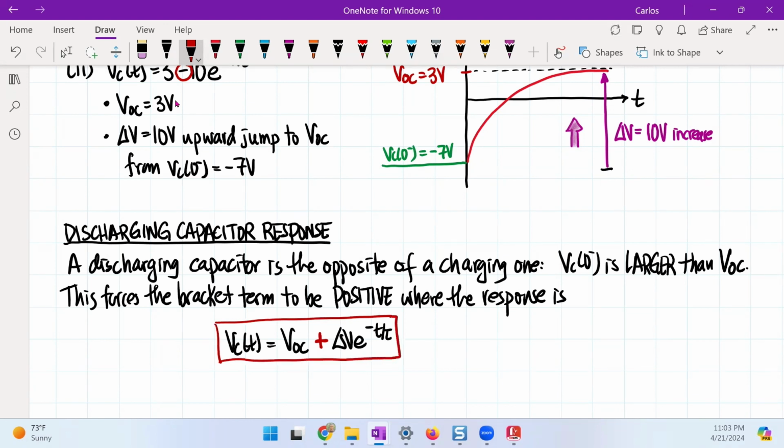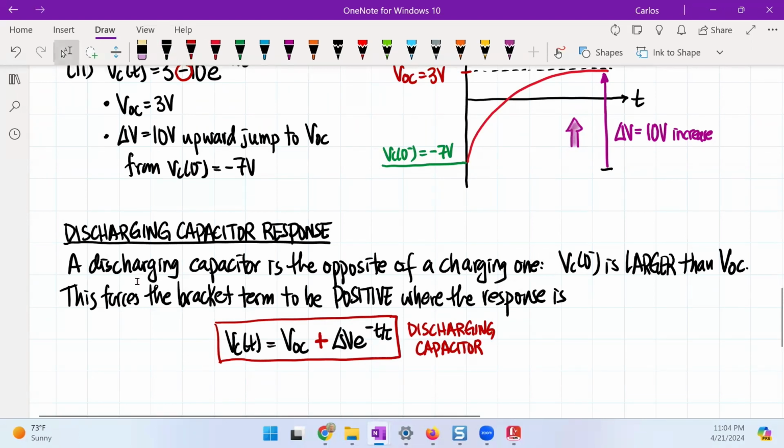And this here is the discharging capacitor. So this is the discharging capacitor equation or response.